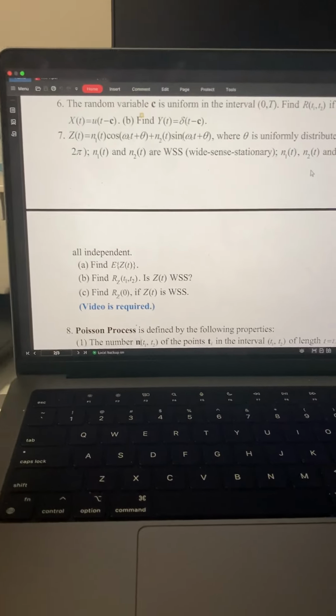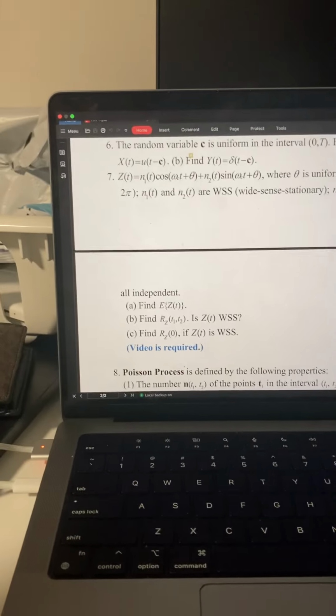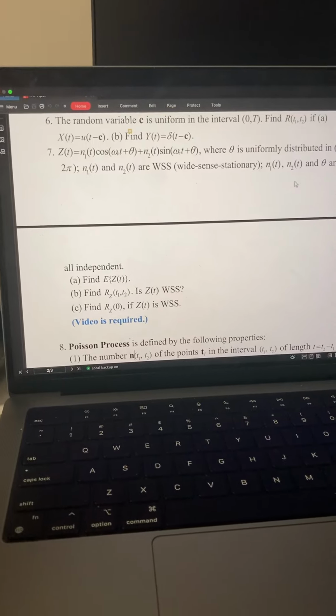Let us look at part C. In part C, we are told to calculate Rz of 0.